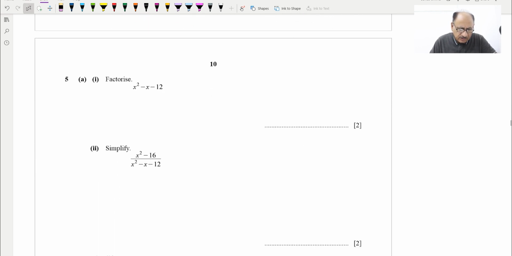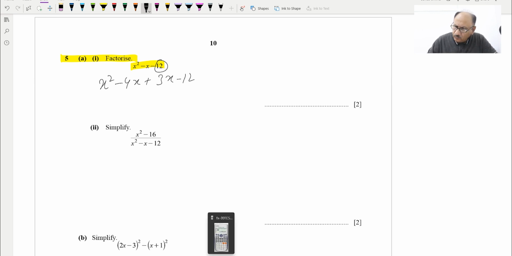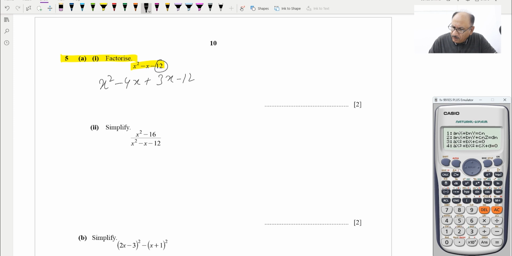Hopefully you understand this. Now question number 5, it's a factorization, and we need to make pair factors. We can write x square, and we can split into 4 and 3, and this will be minus 4. You can use the calculator also for this: mode 5 3, and you can use 1, and the coefficients we are using are -1 and -12, and you can easily get 4 and -3, which we are using here.